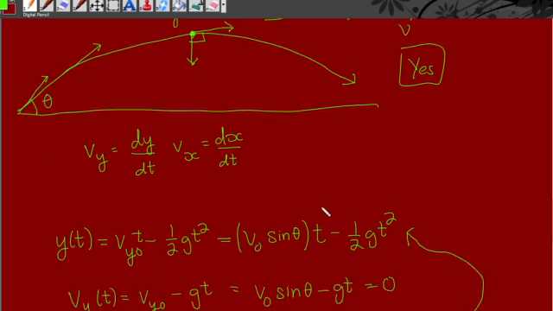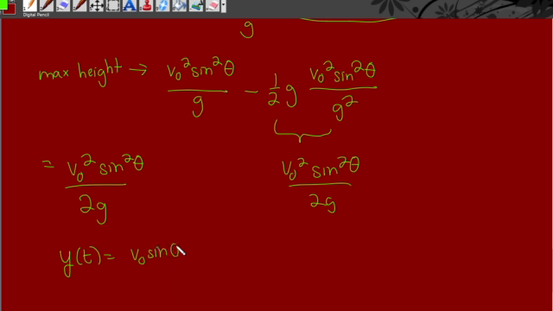So now we can say that y of t is equal to v naught sine theta t minus 1 half gt squared, which is equal to 0.